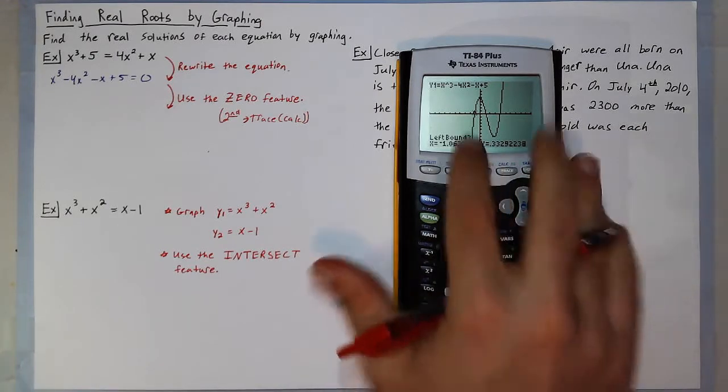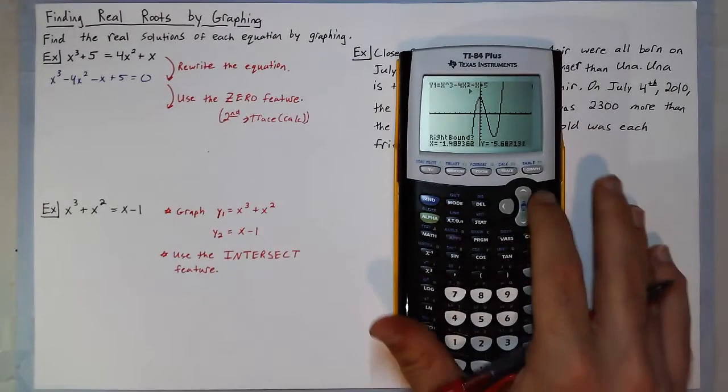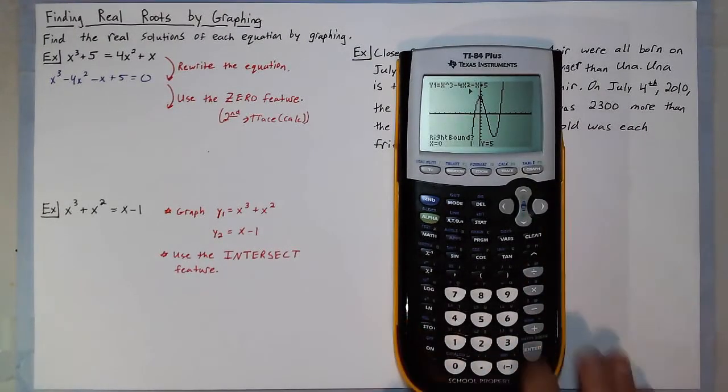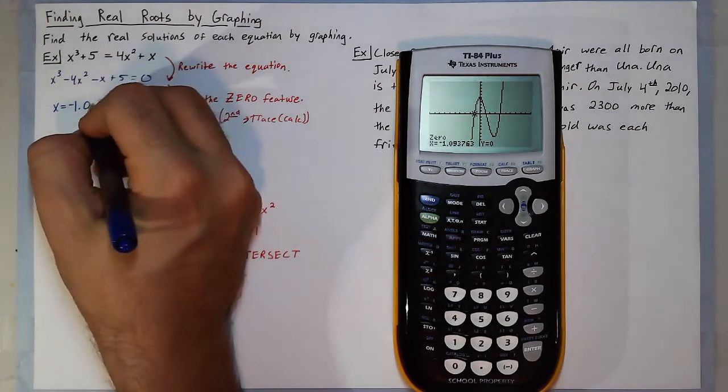And I'll go left bound, meaning I'll go left of the 0, hit enter. Then I'll go right of the 0 and hit enter. Then hit enter one more time to guess between those 2 points I picked. And I'll get first that x is equal to -1.094.